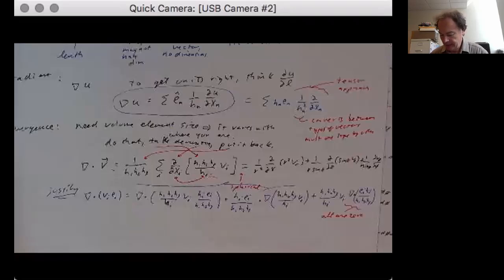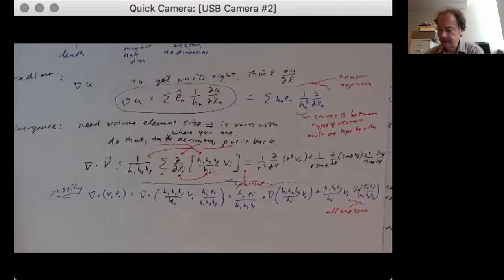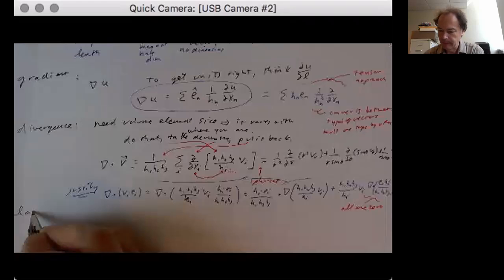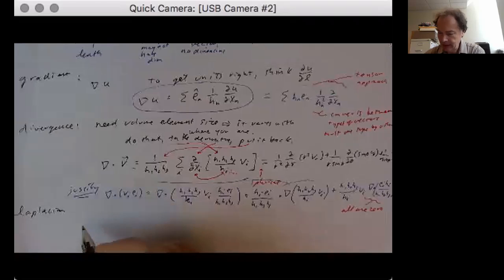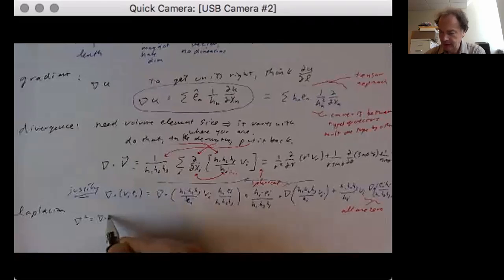Okay, the next step is the Laplacian. I do that next because del squared is equal to del dot grad.